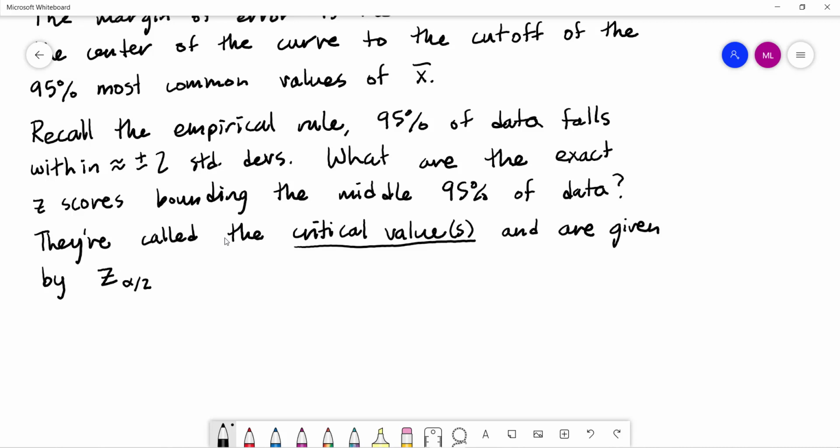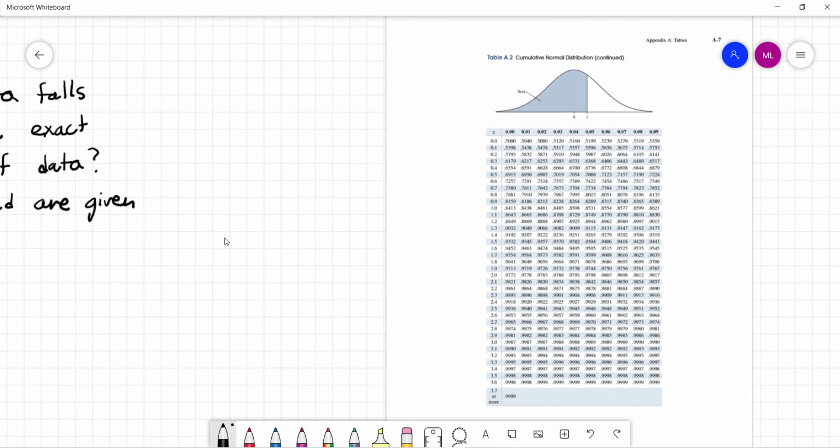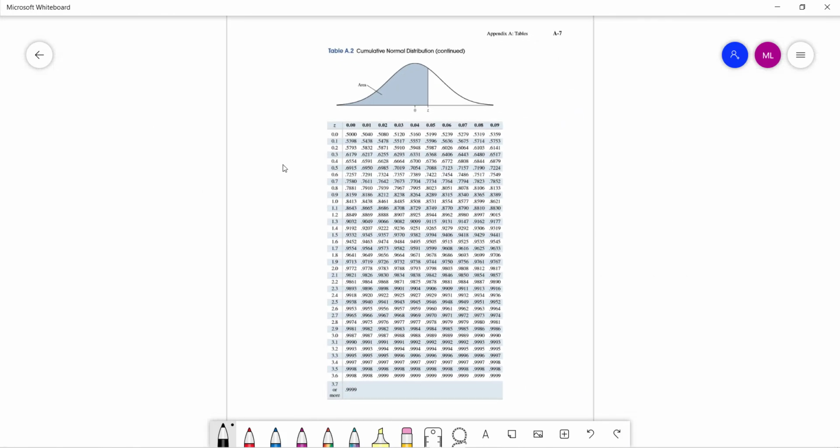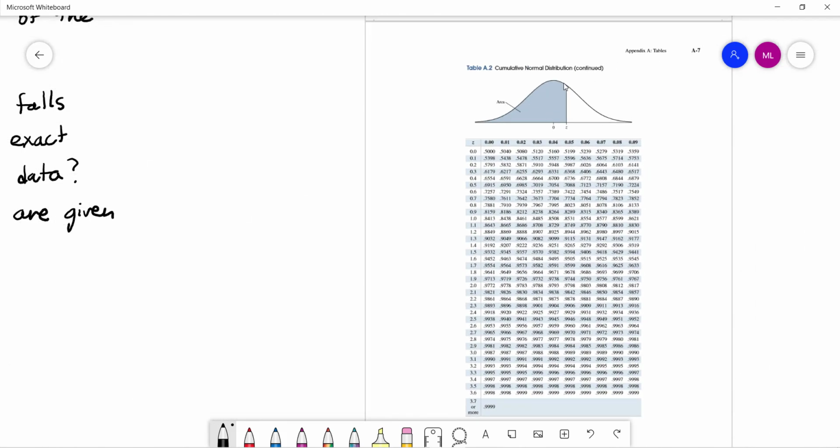How do we find them? What we need to do is find the cutoff z-score that bounds the middle 95% of the area. But the way this table works is that it measures the area not for the middle part of the curve, but it measures it all the way from the left tail.